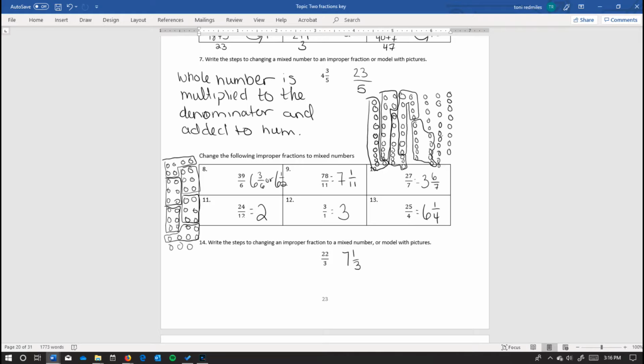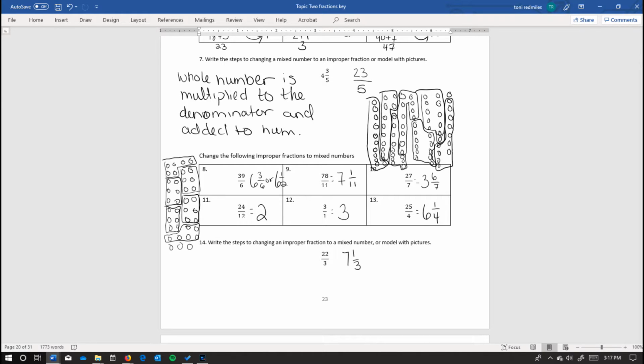So here's 5, 11. Ooh, I forgot one. There we go. So here's 4, 5, 6, 7, 8, 9, 10, 11. So 1, 2, 3, 4, 5, 6, 7. There's one left over and the denominator stays the same.